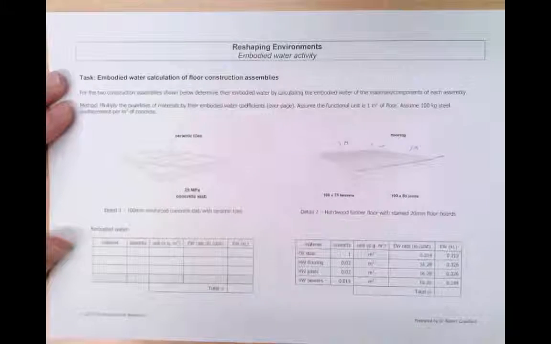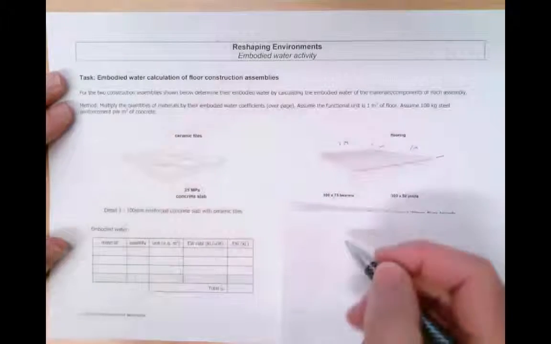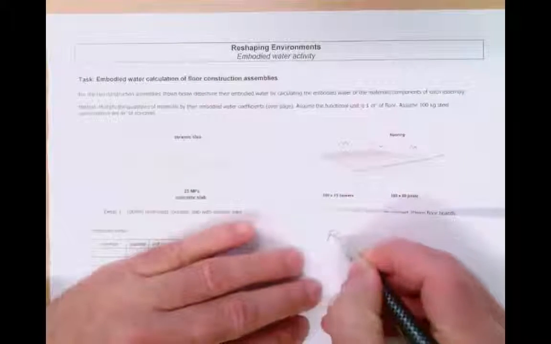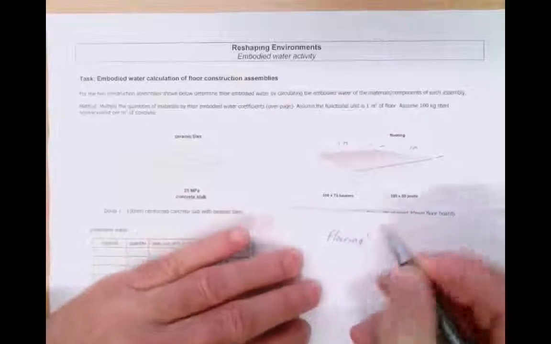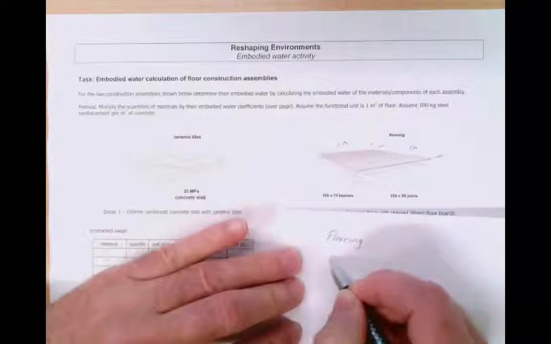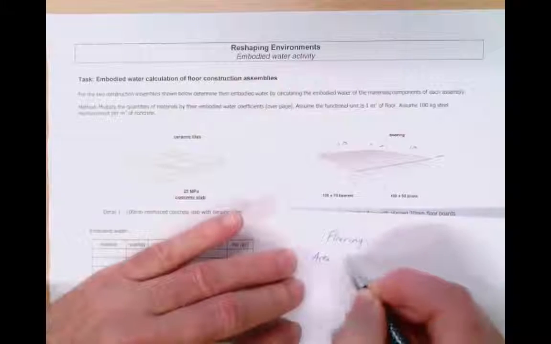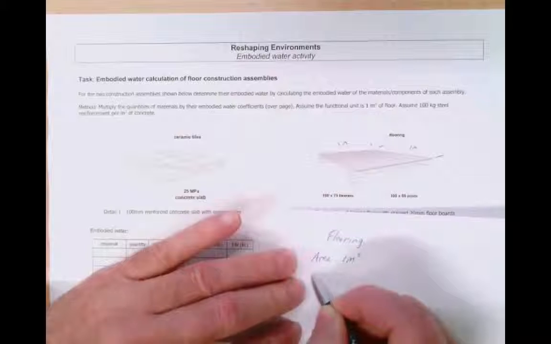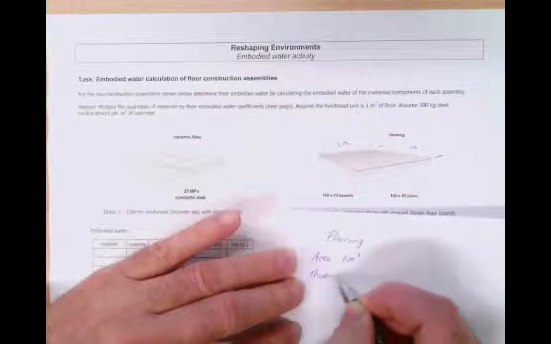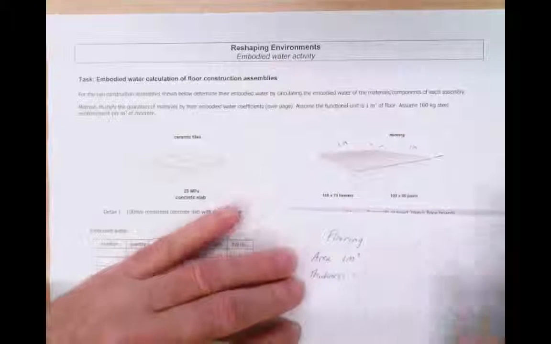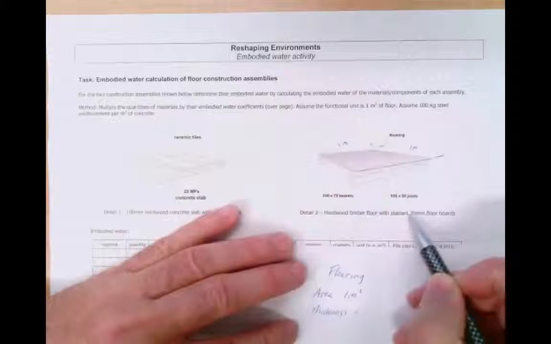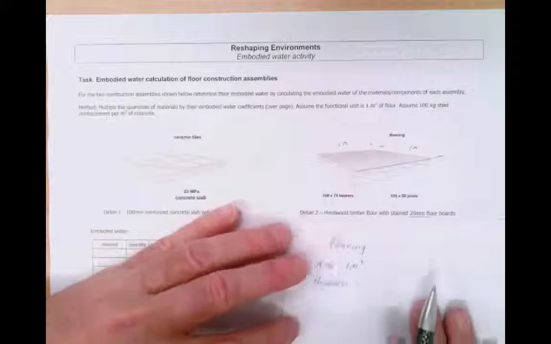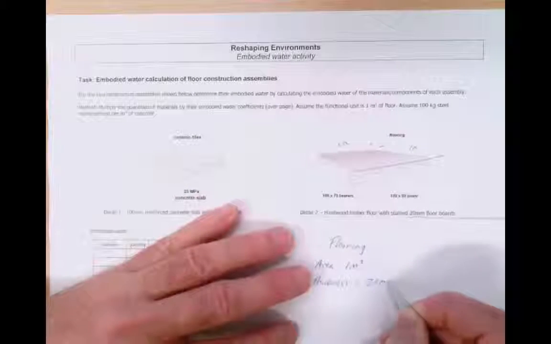Now let's just do a quick calculation to see where that came from. So for the flooring, we have the area is 1 square metre, the thickness equals, and we had 20 millimetre thick floorboards, 20 millimetres.